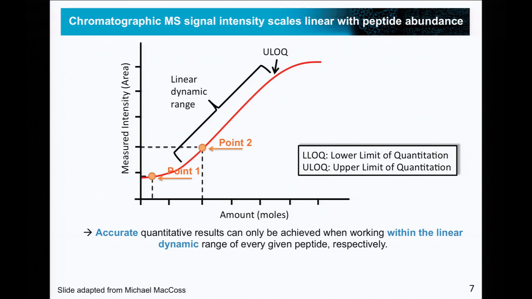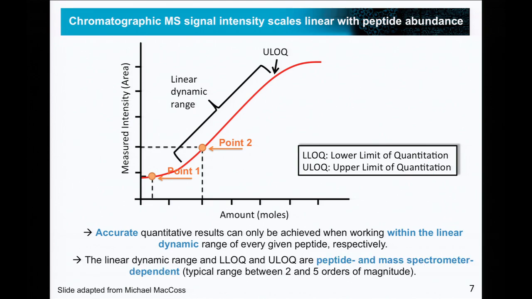And one other factor that now complicates the whole situation even more is the fact that this range of linearity is not just constant in your measurement, but it's actually something that is peptide as well as mass spectrometer dependent. So every peptide can have a quite different range of linearity. And again, this range of linearity can change if you go from one mass spectrometer to another.